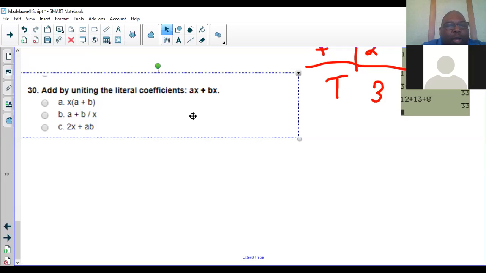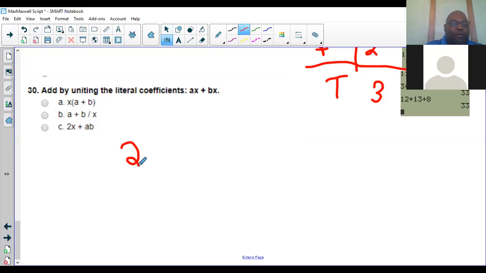And by equivalent, what do I mean? Just another way of solving the problem. Like, for example, if I have the term 24, give me 3 different ways I could write 24. 8 times 3.